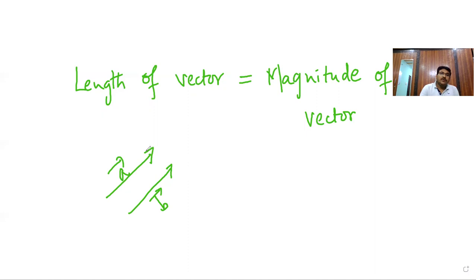If both have the same magnitude and the same direction, then they are known as equal vectors.